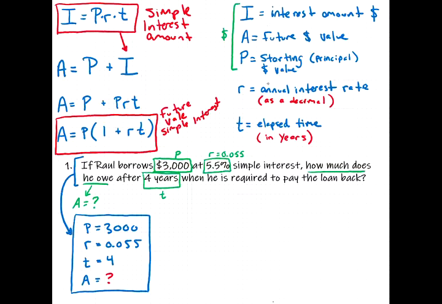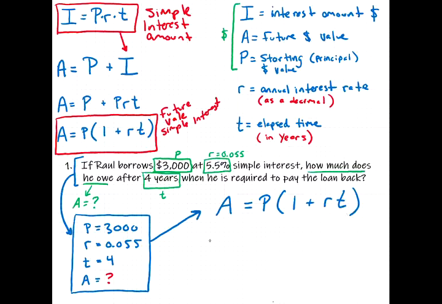So this list here, I, A, P, R, T, that list is going to continue. We're going to add a few things to that list when we start talking about other topics like compound interest and effective yield. So you're going to want to keep a running list here. Okay, so this tells us the formula we're using is A equals P, parentheses, 1 plus RT.